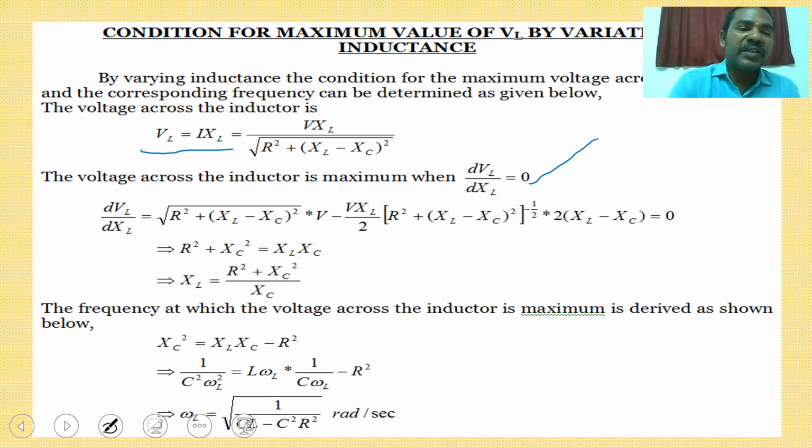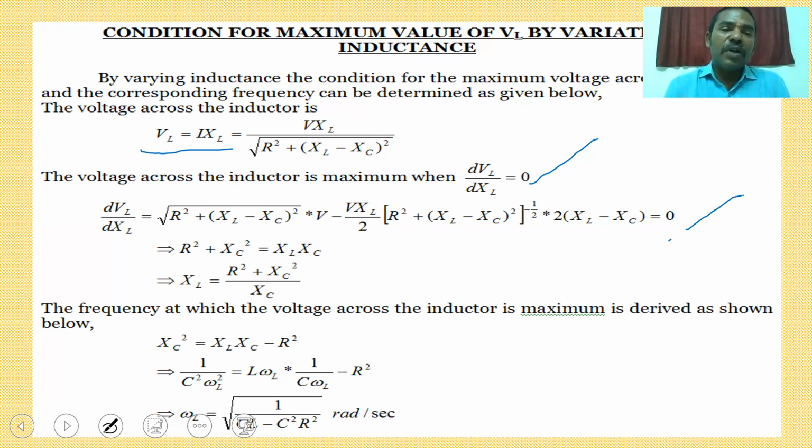By differentiating the above equation, dou VL by dou XL is equal to root of R square plus (XL minus XC) whole square into V, minus V into XL divided by 2 into (R square plus (XL minus XC) square) to the power of minus 1 by 2, into 2 times (XL minus XC), equal to 0.